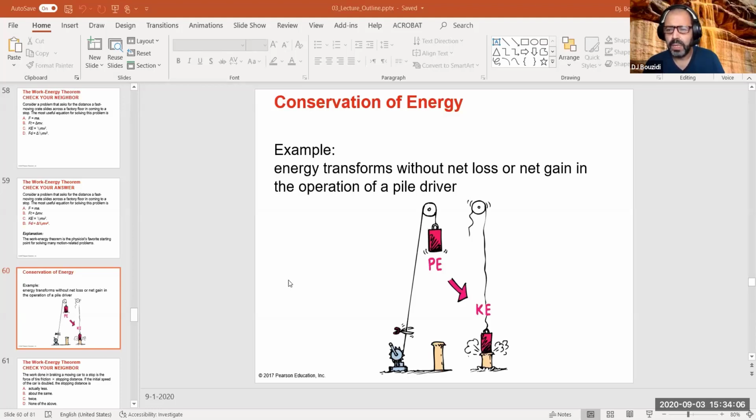Anyway, in a process that does not have friction, or an input of energy, such as a motor or an engine that has other external processes adding energy to the system, the energy is conserved, okay? We'll see later when we do electricity that there are also some electrical, external ways of adding energy to a system.